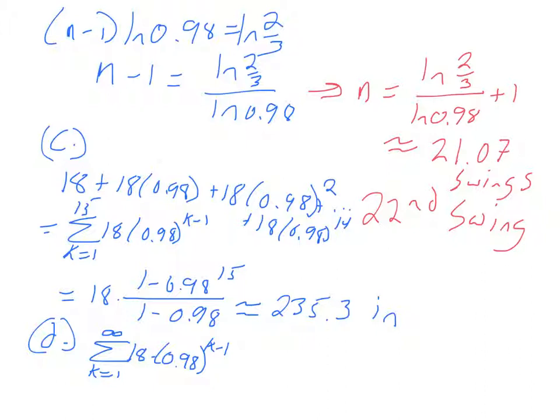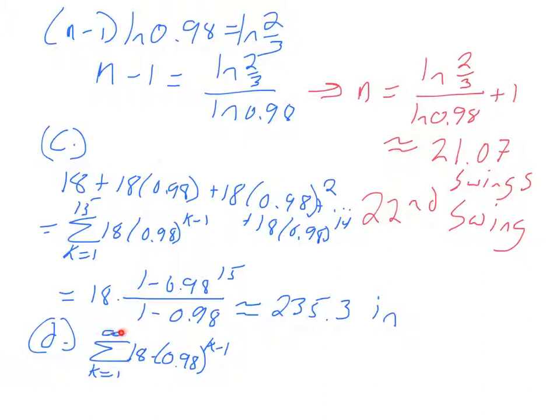As that goes to infinity, because the absolute value of r is less than 1, we know this is a convergent geometric series. So this sum is going to converge to some number as the number of swings goes out to infinity. And so essentially, at infinite time, it will eventually stop, which means in some sense, I guess it will never stop. But assuming we could get out to infinity in time, what will the total distance it has swung become?